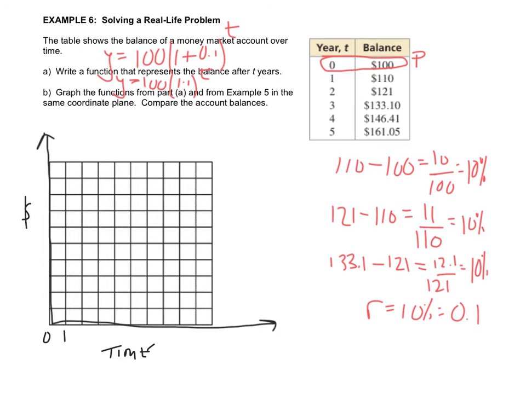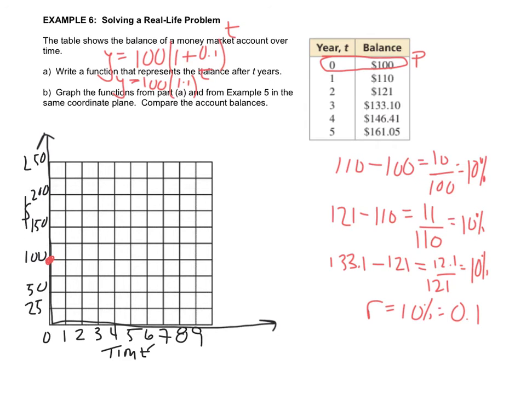I'm just going to go by ones down here, and then I'm going to go up by 25s here to get to 250. So plotting this first one, just plotting my points, I start at 0, 100.